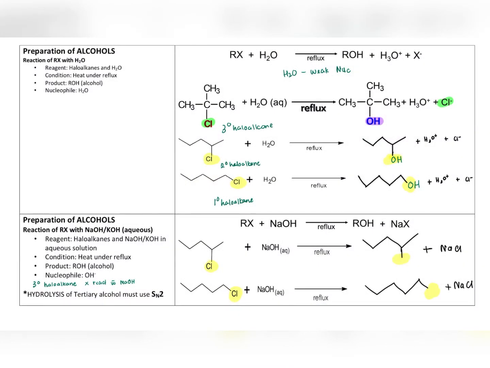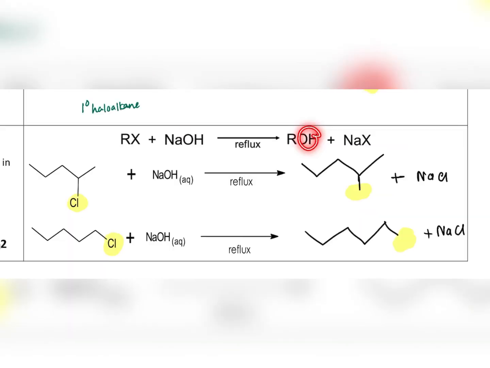Okay, so now let's have a look. Kita ada another way untuk prepare alcohol. So we can also prepare alcohol bila kita react haloalkane dengan NaOH ataupun KOH. So kita akan dapat sumber OH tu daripada your NaOH, sodium hydroxide ataupun potassium hydroxide lah, depends on the reagent that you use.